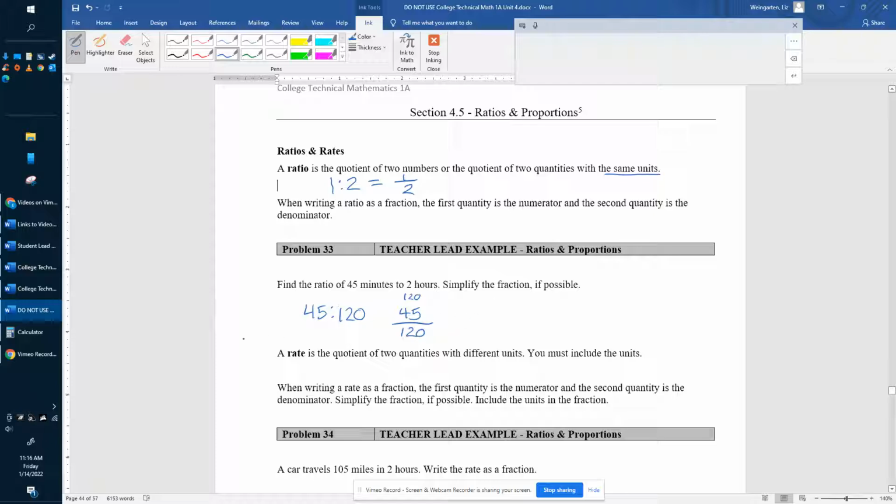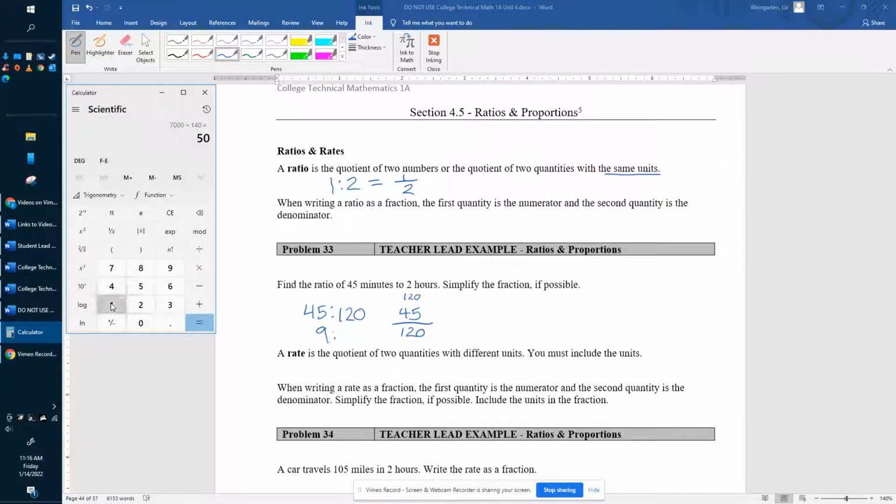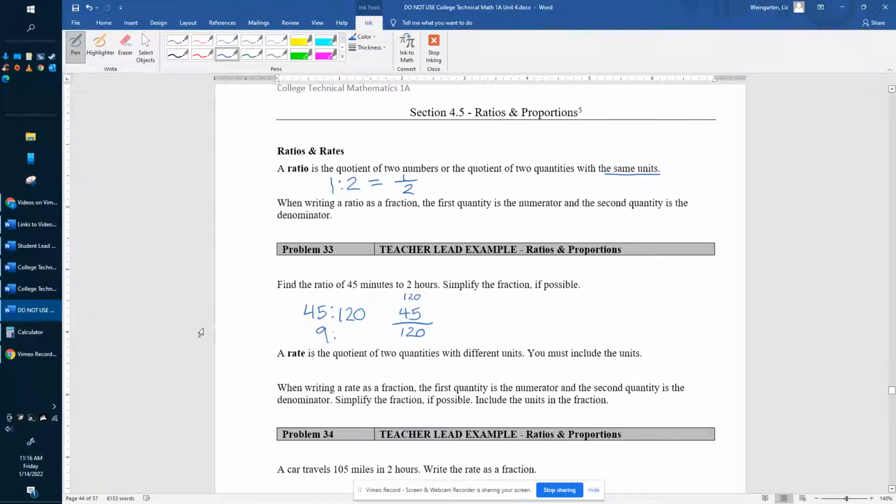How can we reduce this? Well, we know that both 45 and 120 are divisible by 5, so let's try to reduce that. We get 9 to, what's 120 divided by 5? 24.